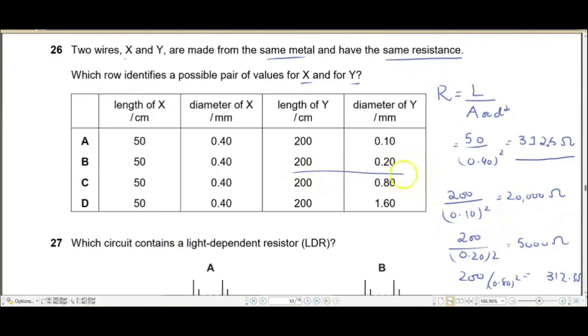For these values, our resistance was 5,000 ohms. And for these values, our resistance came out to be 312.5 ohms, which is identical to this. So C is our correct option, where X and Y are of the same metal and have the same resistance.